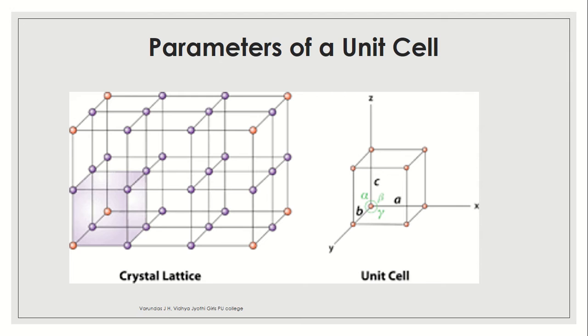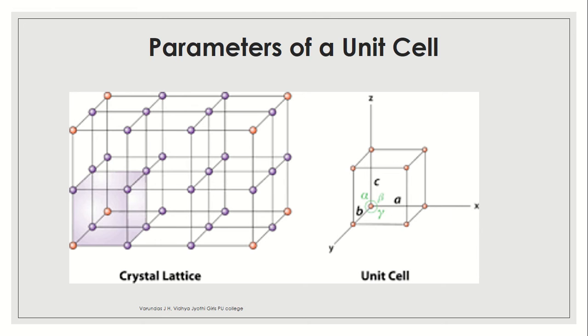In this unit cell, the angle between edges B and C is alpha, the angle between edges A and C is beta, and the angle between edges A and B is gamma. Overall, the unit cell is characterized by 6 parameters: A, B, C, which are its lengths, and alpha, beta, gamma, which are its angles.